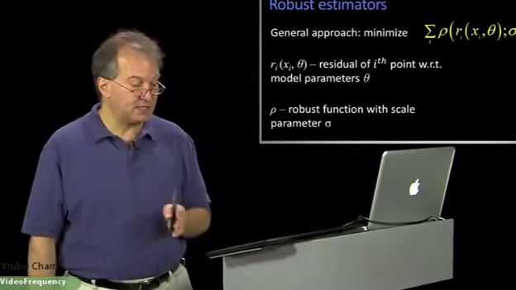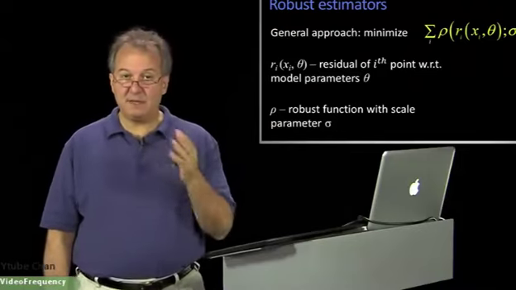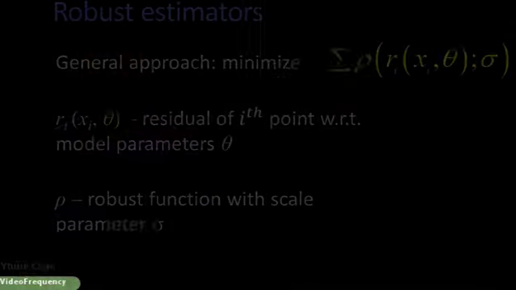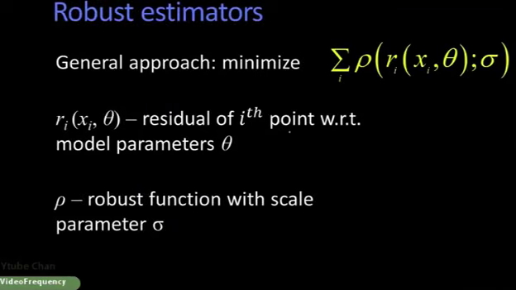Robust estimators say, instead of minimizing the sum of squares, we're going to try to minimize some function rho. Rho is a function of two things. R here is for the residual. It's the delta, how far off the point is from your model. For fitting lines, it's how far away the point is from the line.